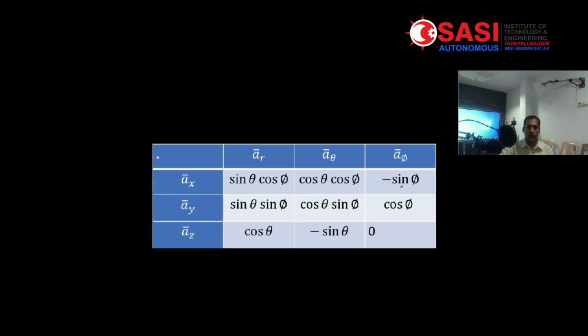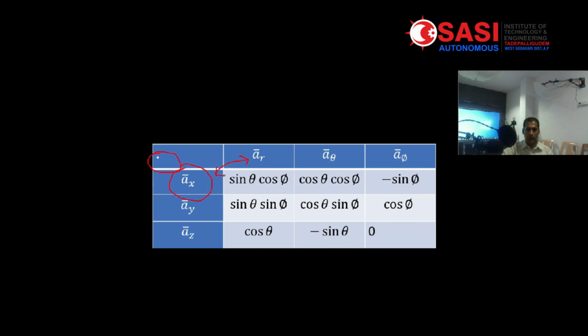Now let us move to the next one. Before going to the next one, we have to remember some relations for the transformation of a vector from Cartesian to spherical and vice versa. Here we have a table for the dot product of AR and AX. These are two different coordinate systems, Cartesian and spherical.